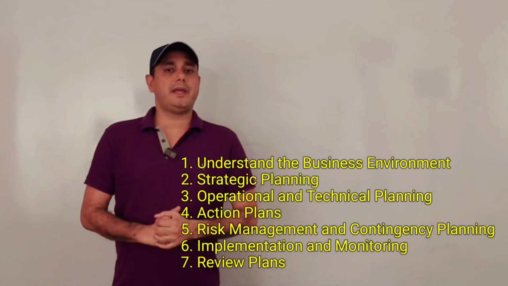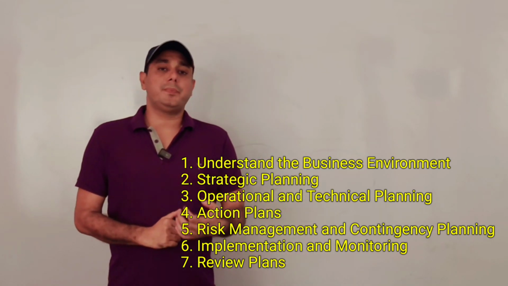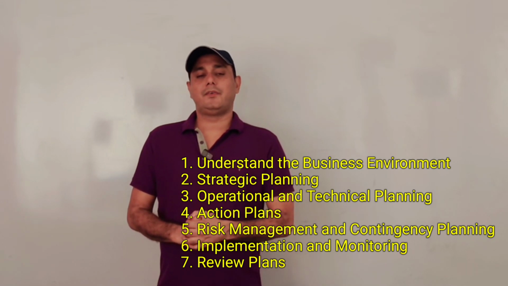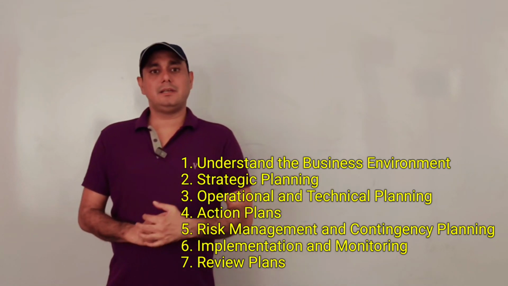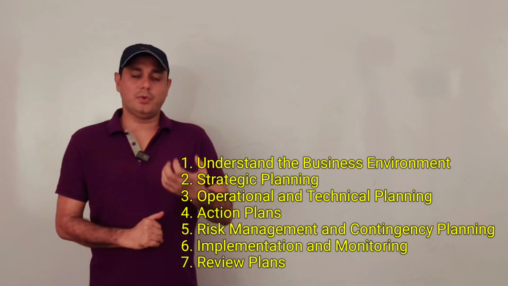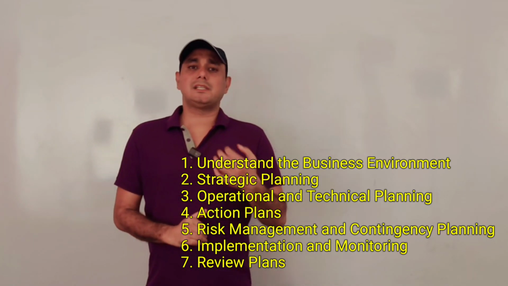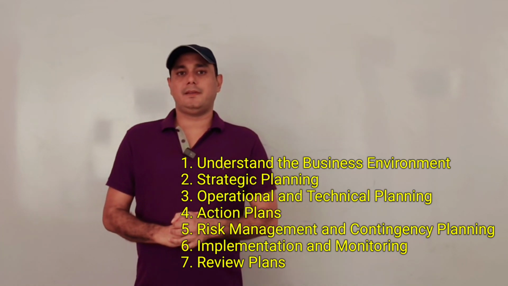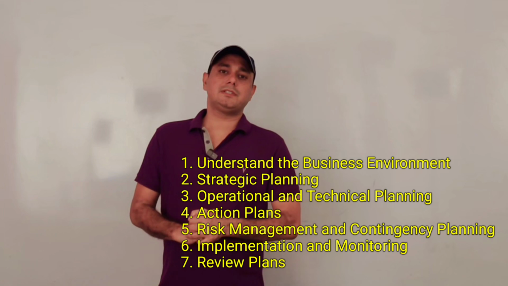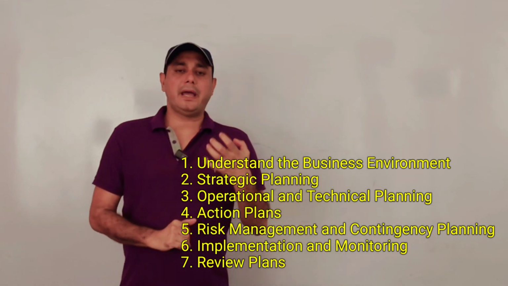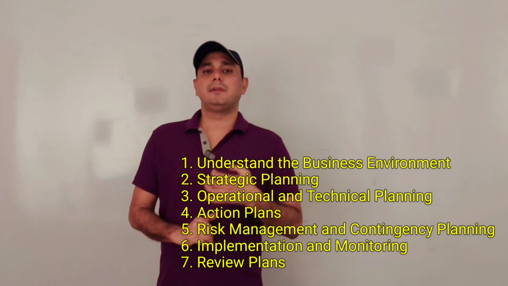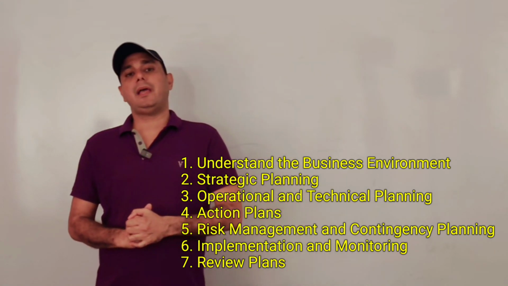After strategic planning, we prepare operational and tactical planning. Then the fourth step is action plans. We schedule these plans actually. And the fifth step is we need to manage the risk. So the fifth step, you can say, is risk management and contingency planning.